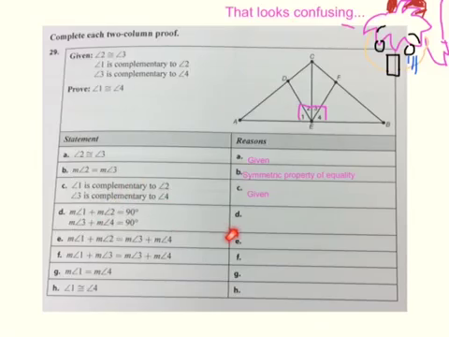So for this one, the reason would be the definition of complementary angles, because the two angles are complementary, so they equal 90 degrees.